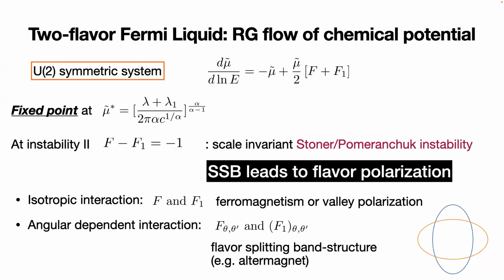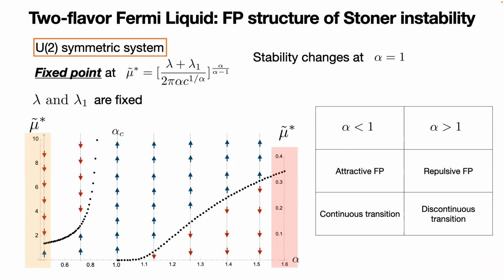But if the interaction is angular dependent, then the spontaneous symmetry breaking would lead to a flavor splitting band structure, meaning that the different flavors would have different orientations of the Fermi surface. One example is the automagnet. So this is a very interesting result, that this instability can have a chance to get scale invariant properties.